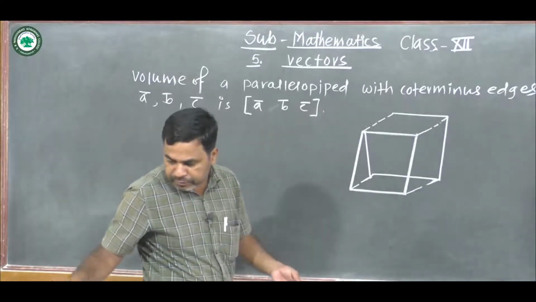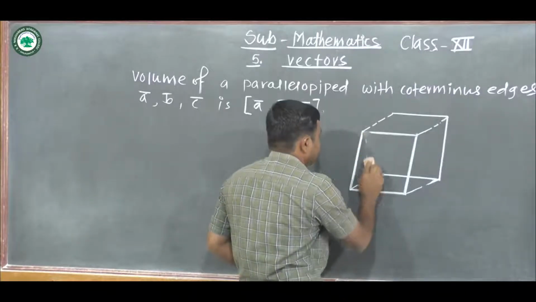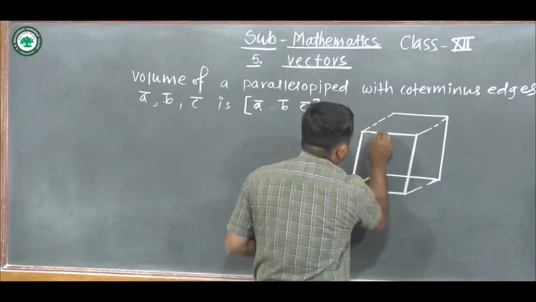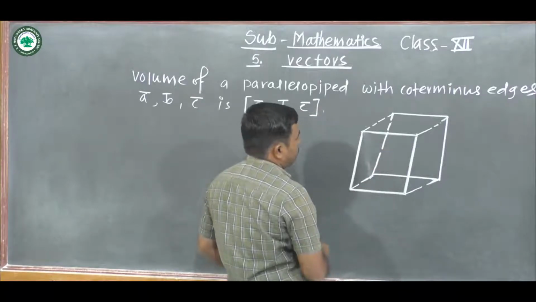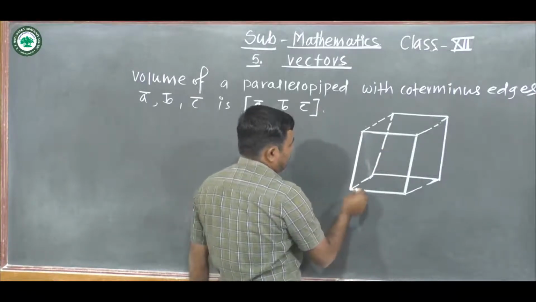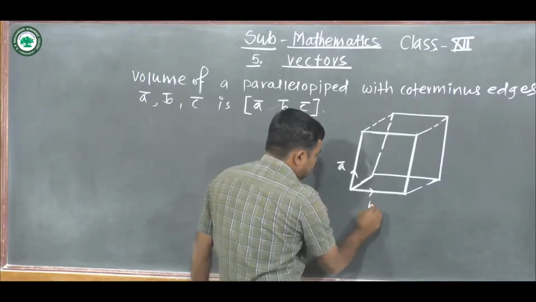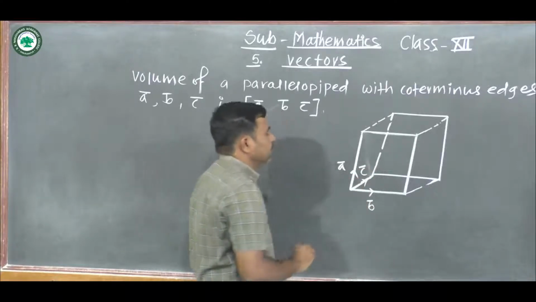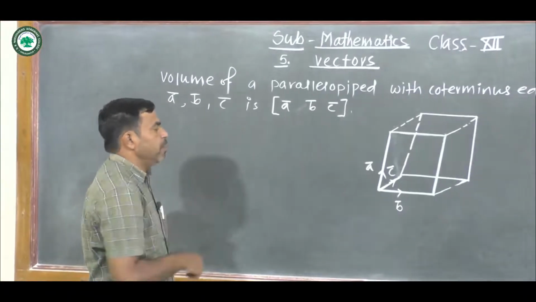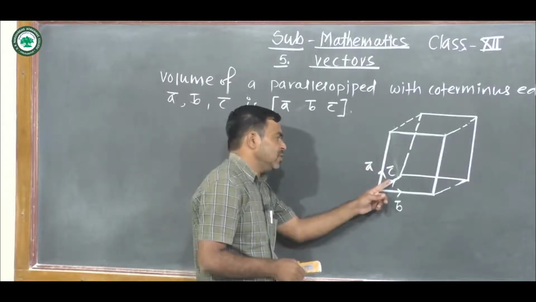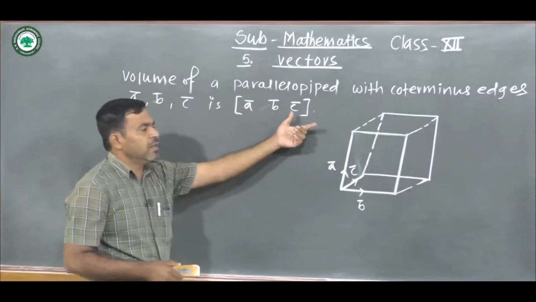So here the coterminous edges are, this is A bar, this is B bar, and this vector is C bar. So this is a parallelepiped with coterminous edges A bar, B bar and C bar, and the volume of this parallelepiped is the scalar triple product of three vectors A bar, B bar, C bar.